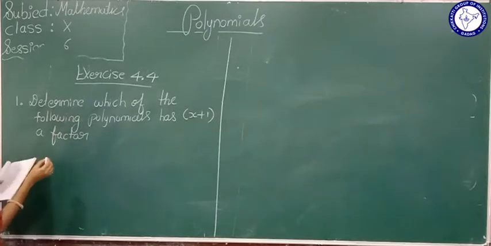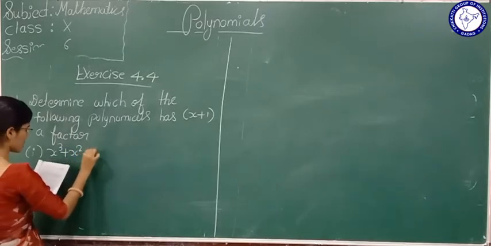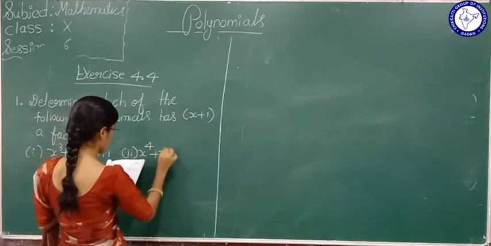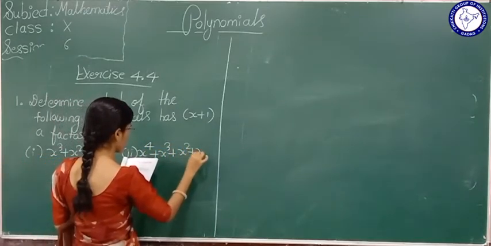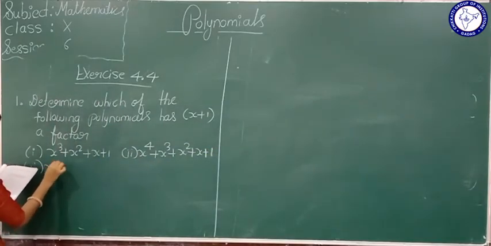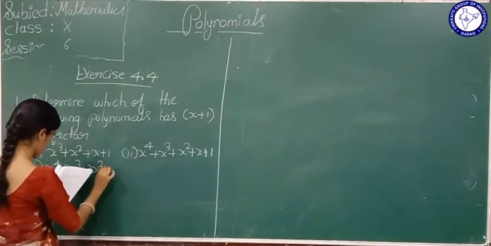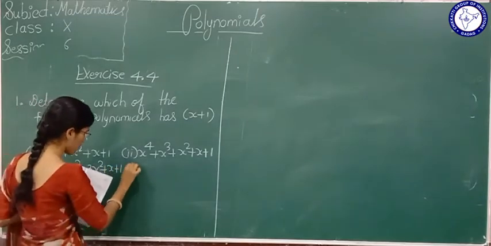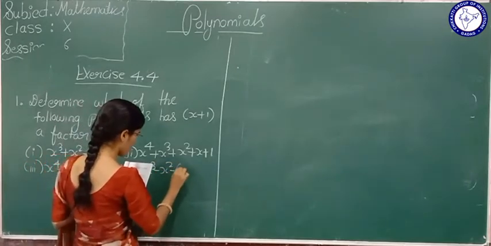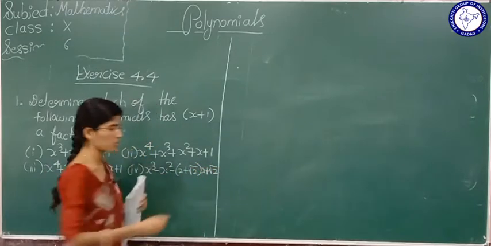They have given 4 polynomials here. x cube plus x square plus x plus 1. Second one, x raised to 4 plus x cube plus x square plus x plus 1. Third one, x raised to 4 plus 3x cube plus 3x square plus x plus 1. Fourth one, x cube minus x square minus (2 plus square root of 2)x plus square root of 2.